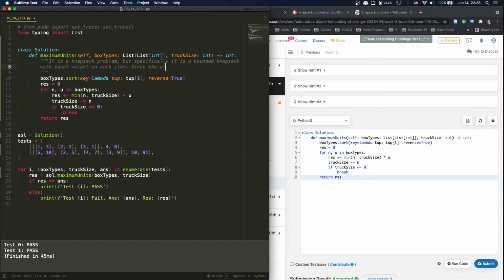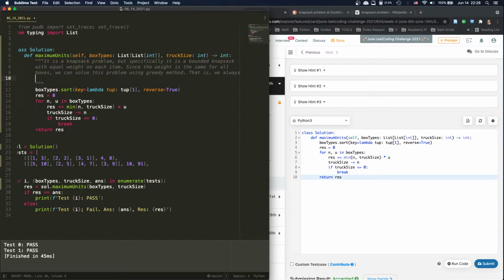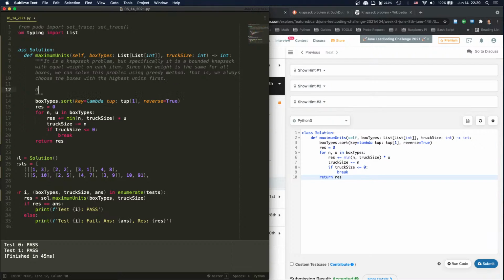Since the weight is the same for all boxes, we can solve this problem using the greedy method. That is, we always choose the boxes with the highest unit first, and then this can run on time.